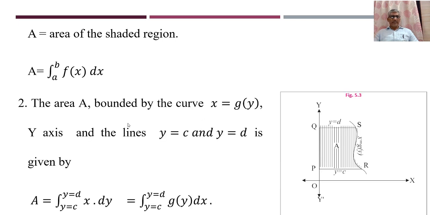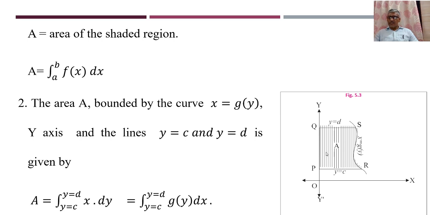See here the second case, the area A bounded by the curve x equal to g of y, the y-axis, and the lines y equal to c and y equal to d.